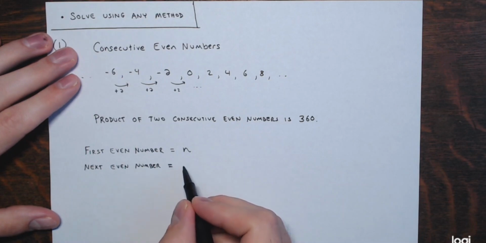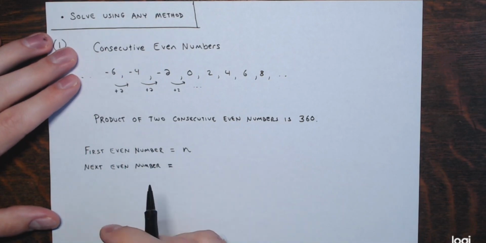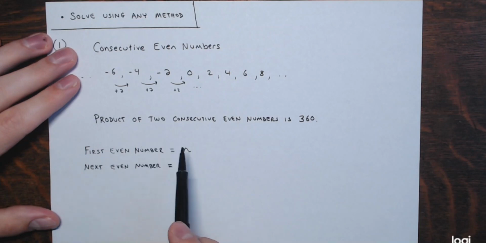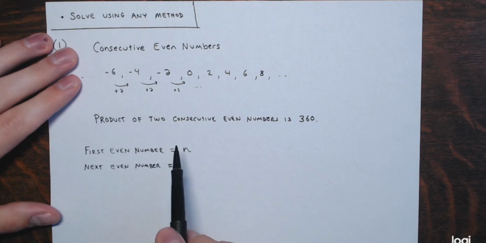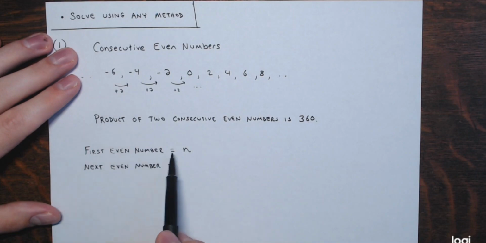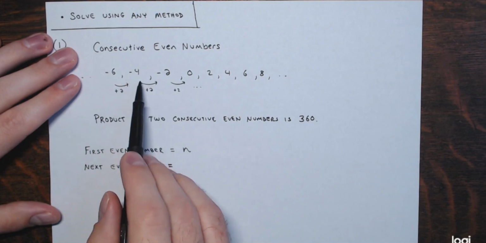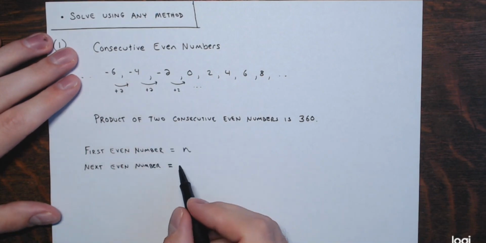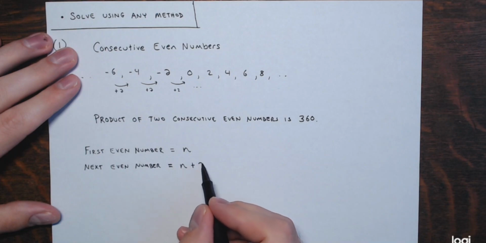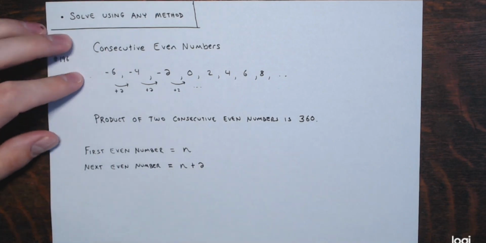I could call it p or something, or whatever you want, x. But we already know a relationship between these. And the fewer variables you assign, the better. So if one of these is n, remember the next consecutive even integer would be n plus 2. I hope that makes sense.